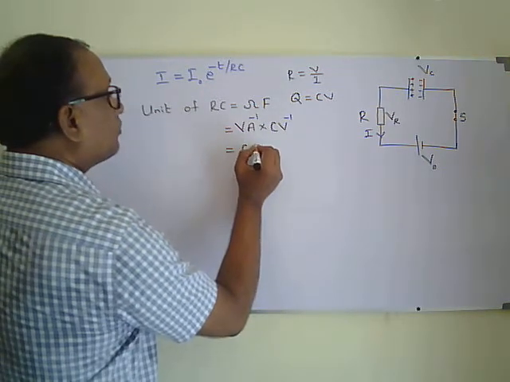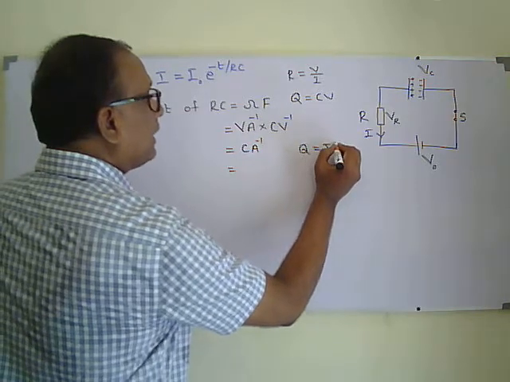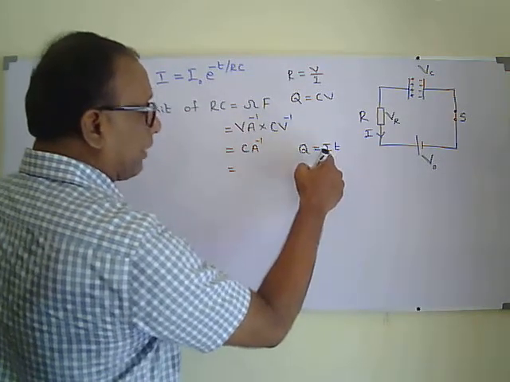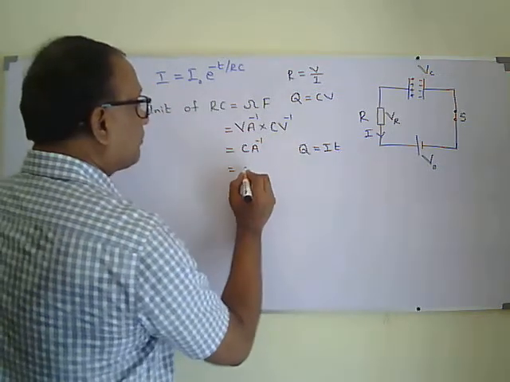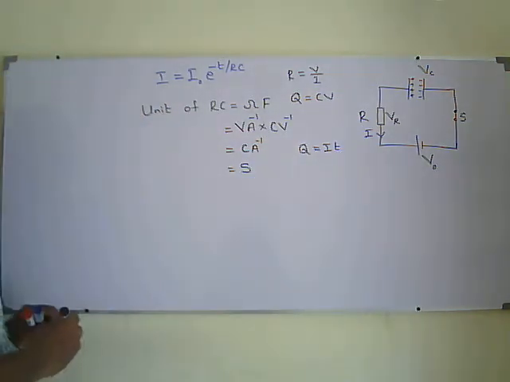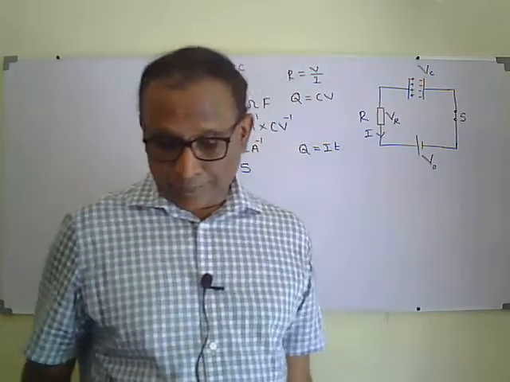You will get coulomb per ampere. If you think about Q equals IT, coulomb per ampere is Q over I, that will be the unit of time, second. So the unit of RC is second and it is constant. That's the reason it is called time constant.